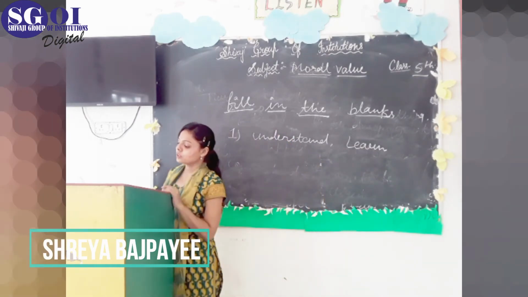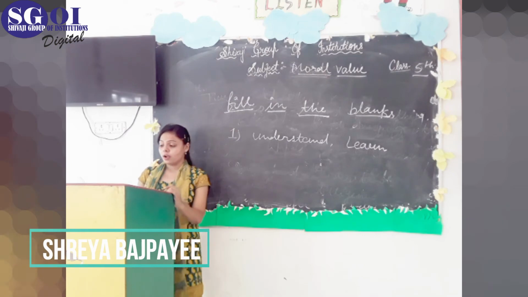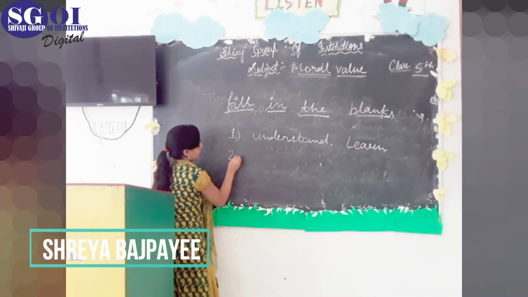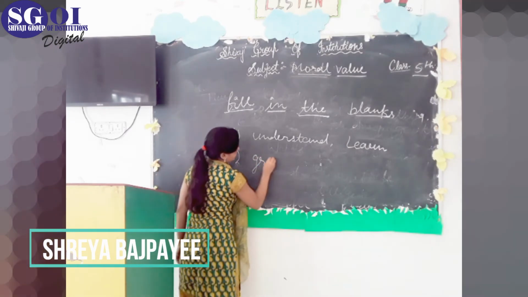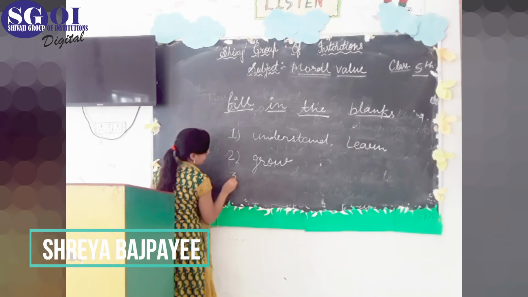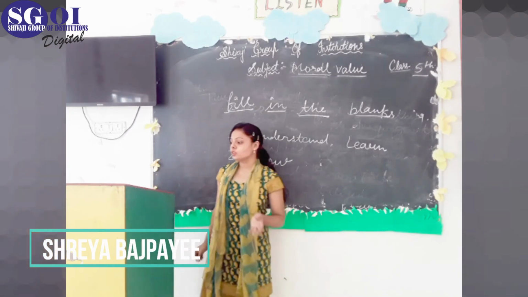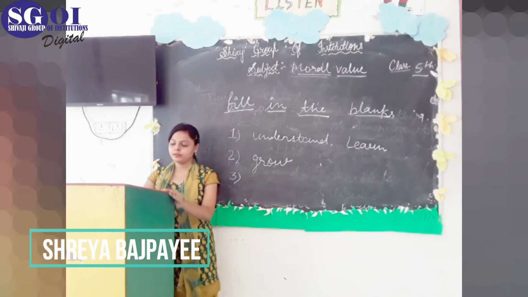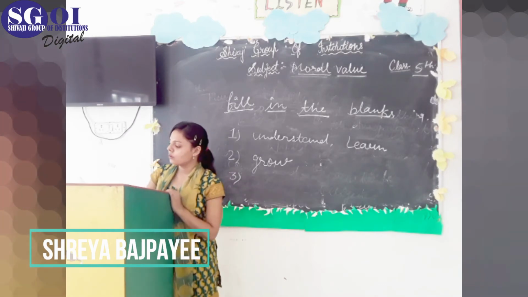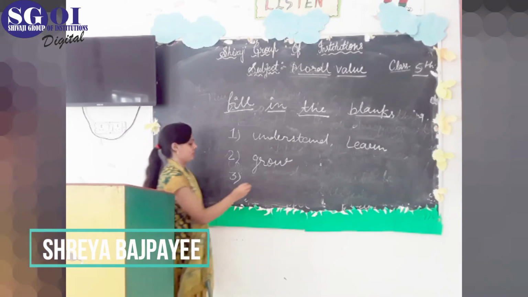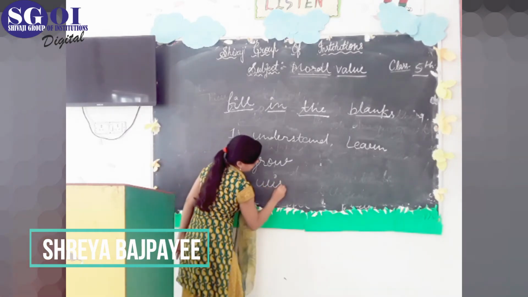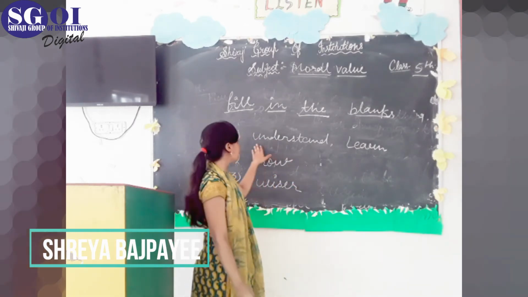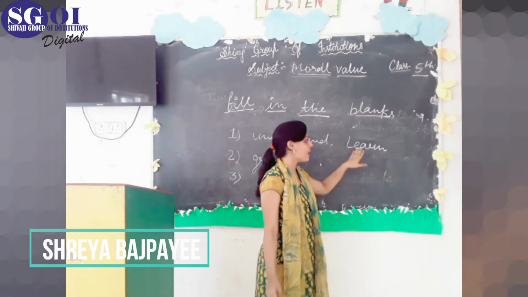Now the second question: our teachers show us the ways in which we grow. Now the third question is: God created teachers to help us learn to make our world a better place. Now the first answer is understand and learn.